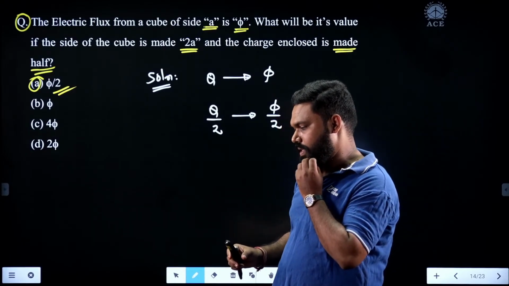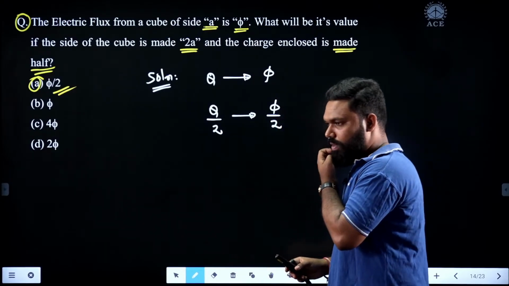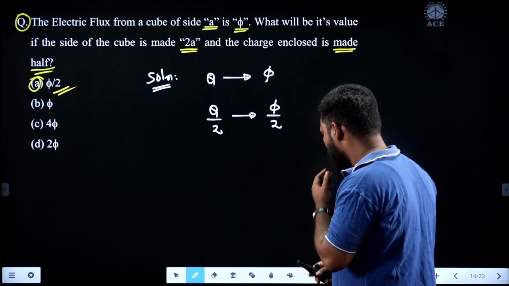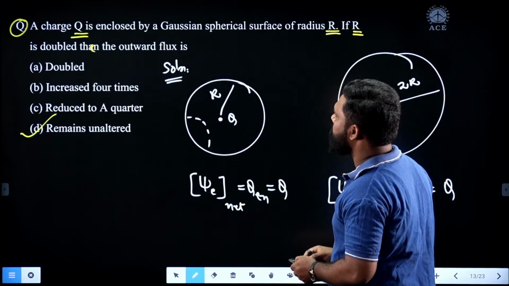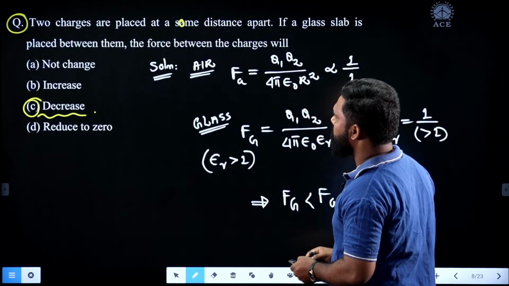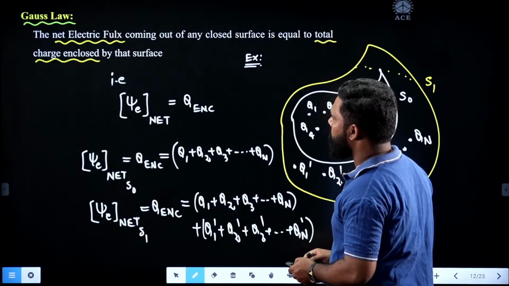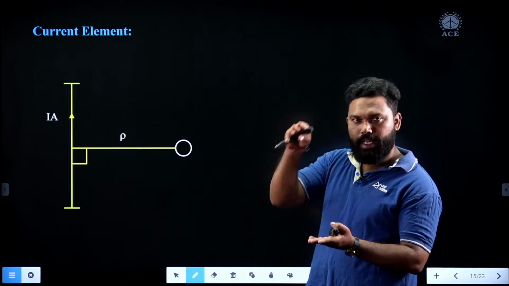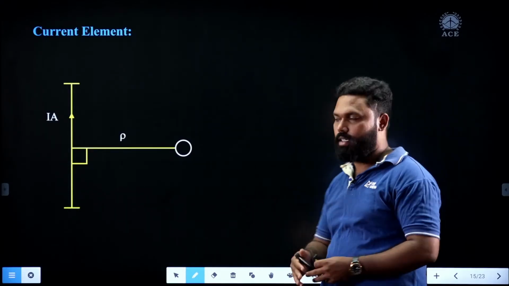Clear? Okay. Fine. Now let us proceed further. These are all some concepts related to electrostatics. Now let us take magnetostatics, a very popular formula: magnetic field due to a finite length conductor and an infinite length conductor.